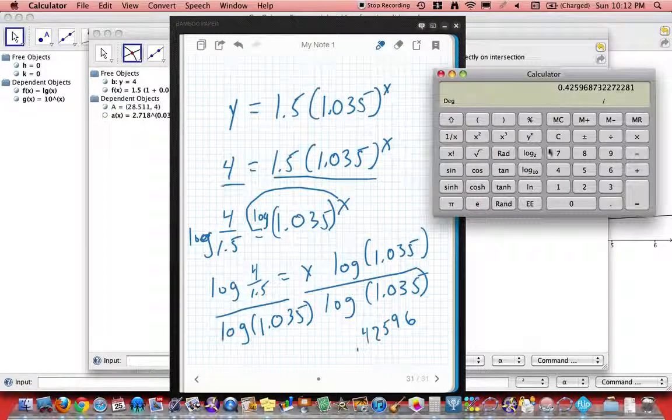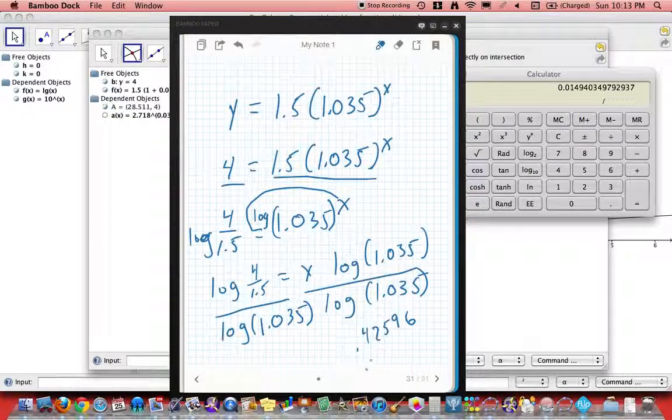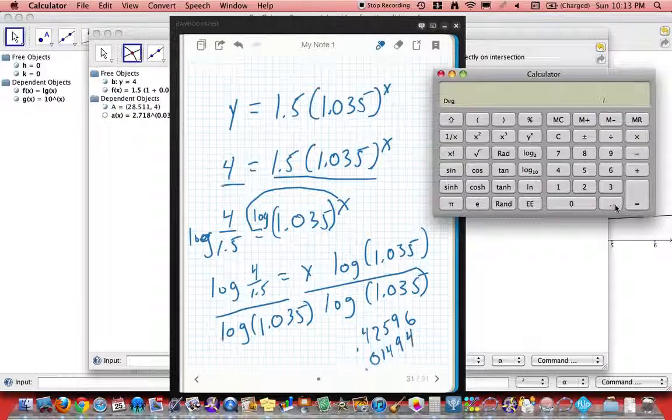Then let's take the log of 1.035. That's 0.01494. Let's clear this and make sure we got that right: 0.42596 divided by 0.01494, and what do we get?